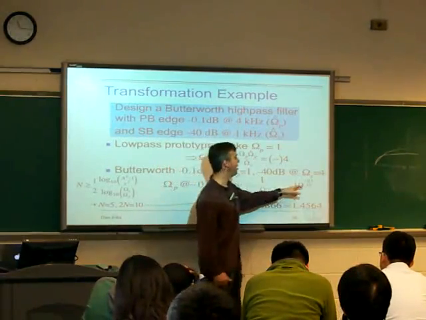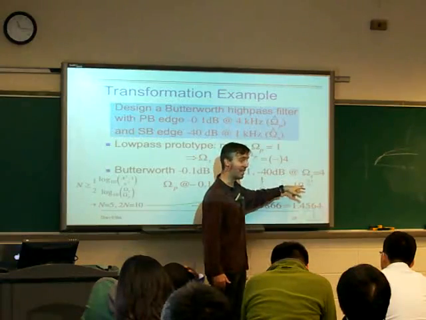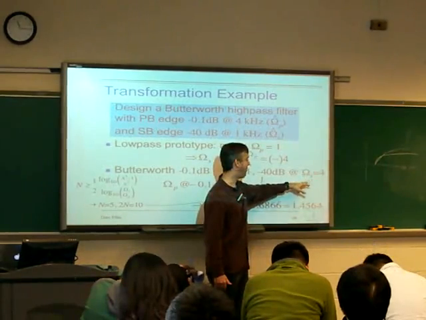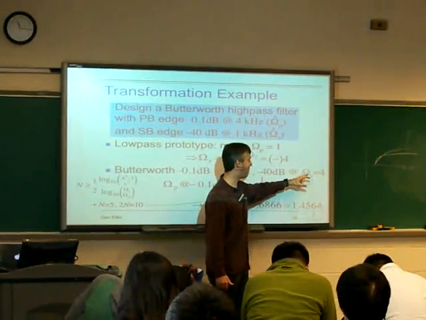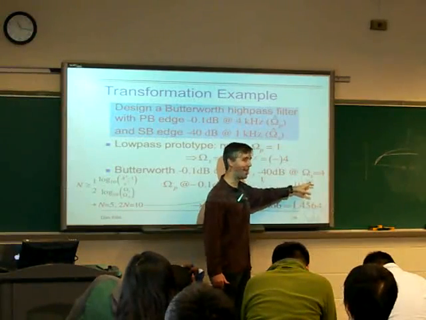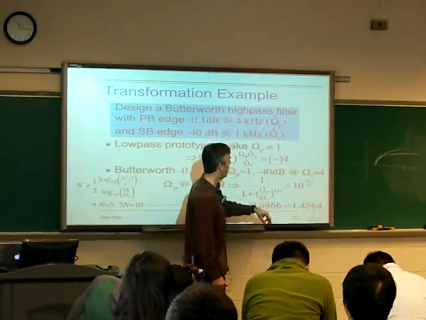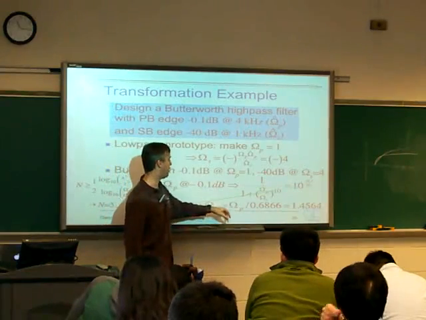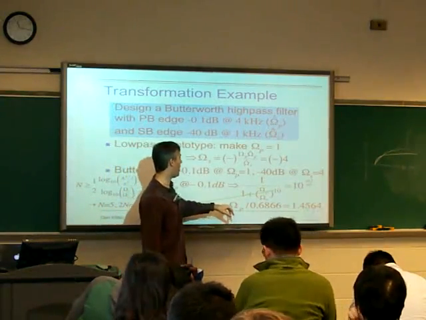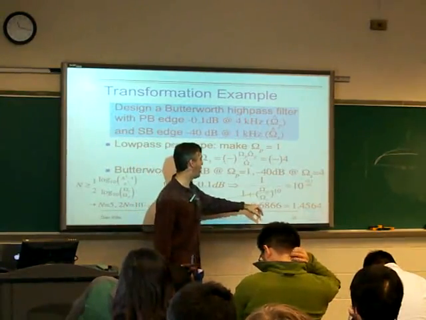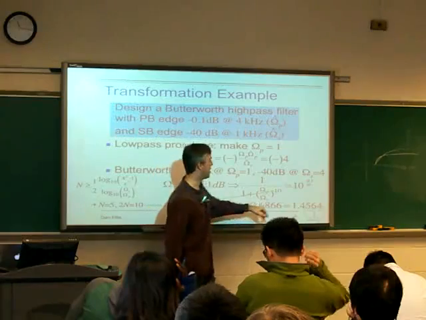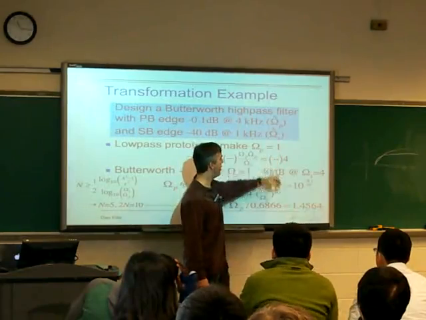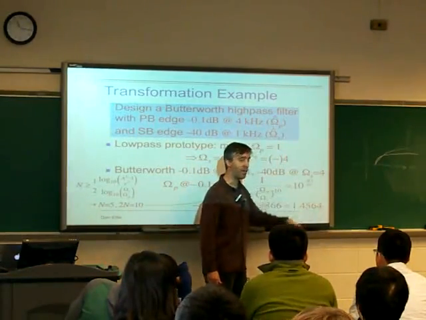I took 1 dB and turned it into linear units by taking 10 to the 0.1 divided by 20, but then I squared it, so it became 0.1 divided by 10. That gives us an equation which gives us omega c divided by omega p, or omega p divided by omega c, so we can get the ratio, and it's like 1.45. That makes sense. If the 0.1 dB point is 1, then the 3 dB point is going to be a little higher, so it's 1.45.